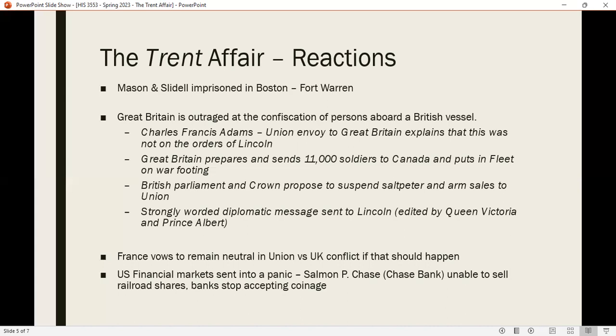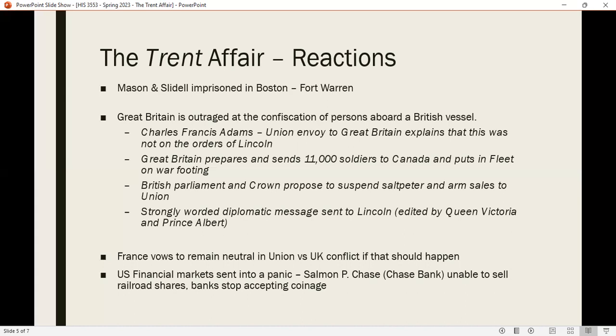The Parliament and Crown basically proposed to suspend arms sales and gunpowder to the Union for a little bit. Remember, there's no direct communication, so it takes weeks for ships to sail across the Atlantic back and forth between Washington and London to figure out all of these things.